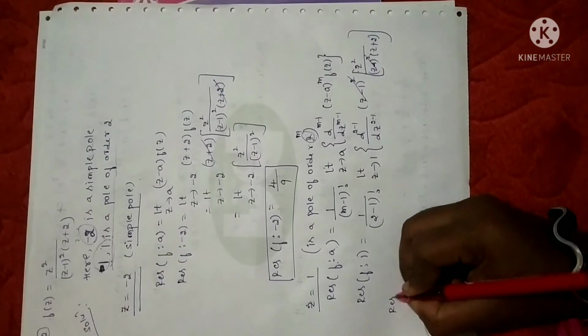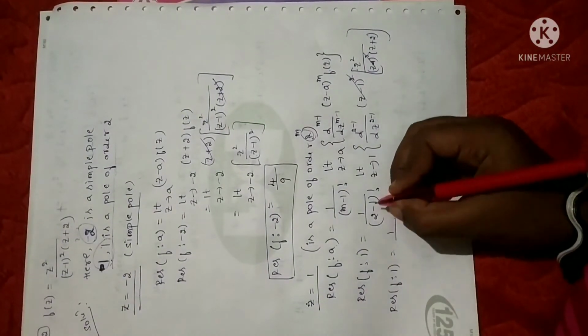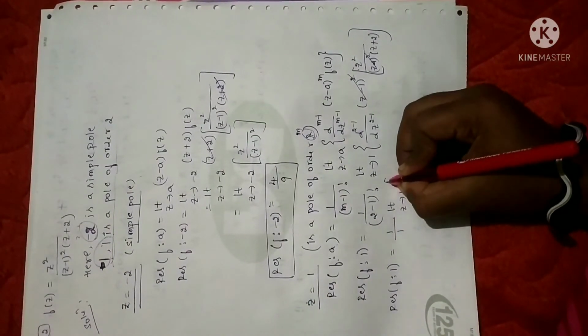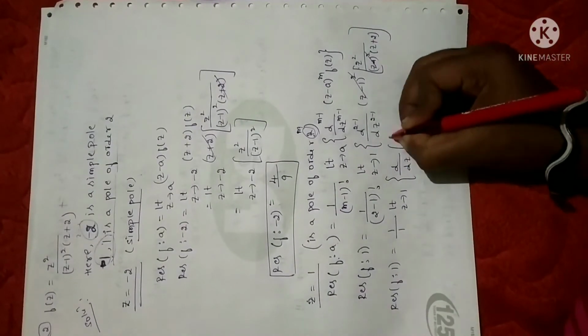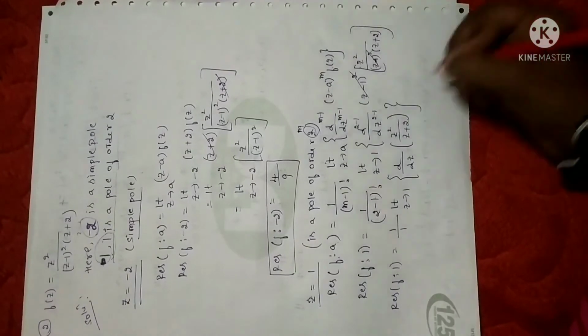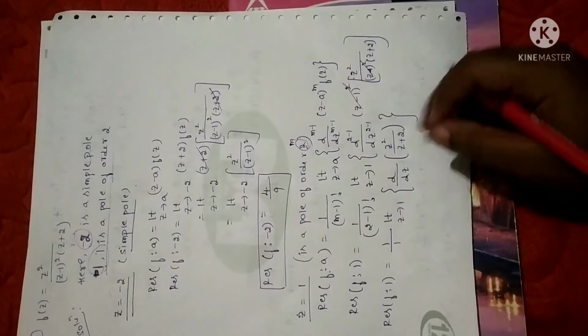So you will get residue of a function f with reference to 1 is equal to 1 divided by 2 minus 1 is 1, 1 factorial is 1. So limit z tending to 1, d by dz of z square divided by z plus 2. So this is what we are left with. Fine. Now let me differentiate this. Anyhow, the quotient rule we have to apply.